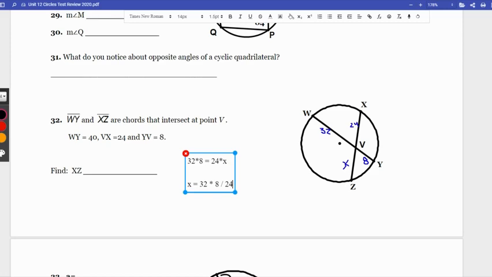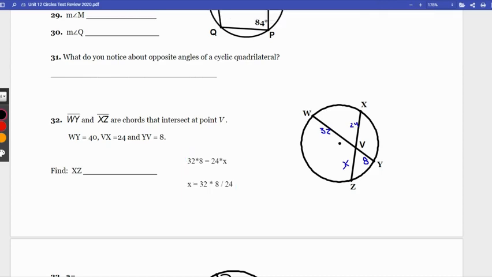And 32 times 8 divided by 24, where's my calculator? I got that to be 10 2/3. Did I plug that in right? I'm always worried when I get these decimal answers. VX is 24, YV is 8. Yeah, I think this is right.